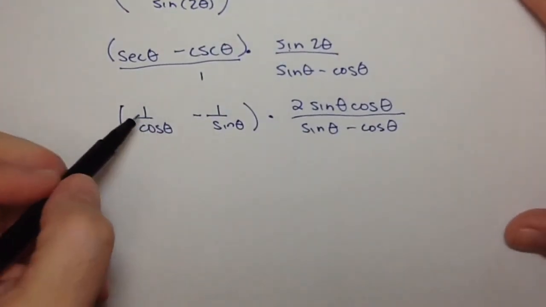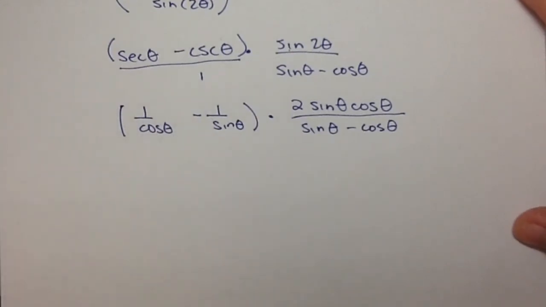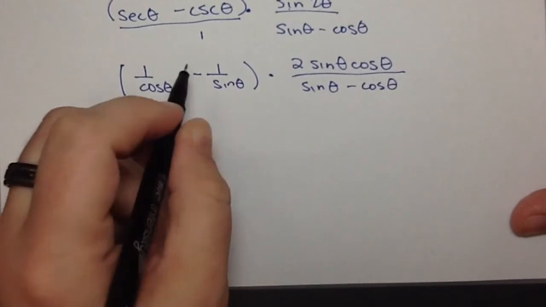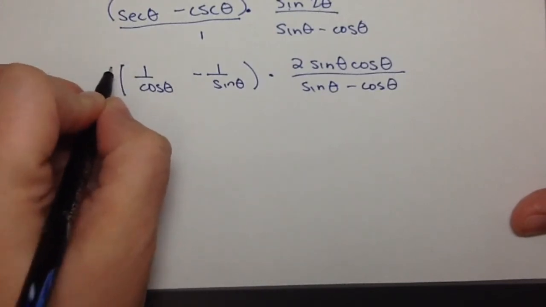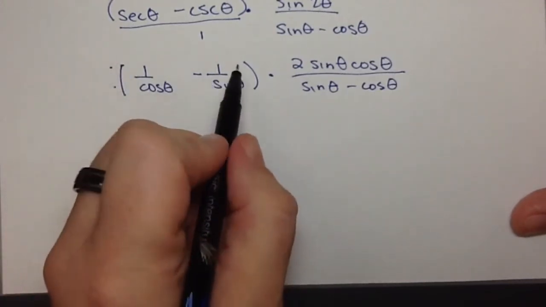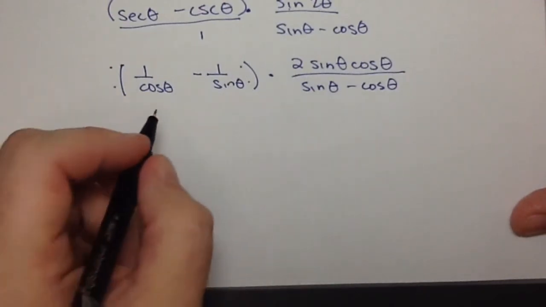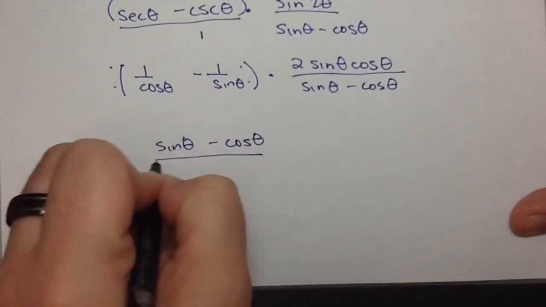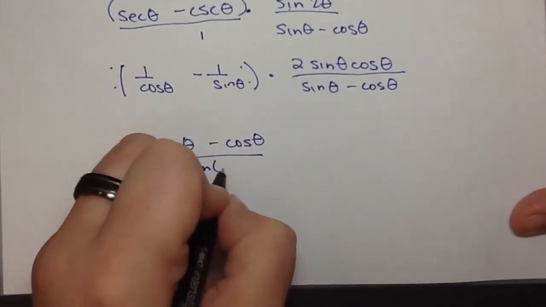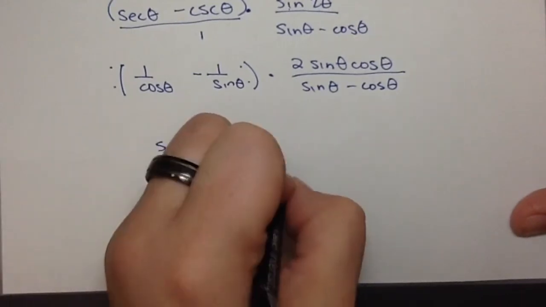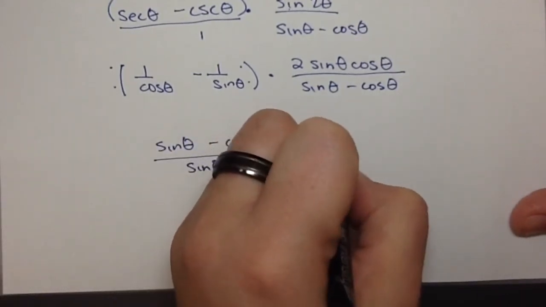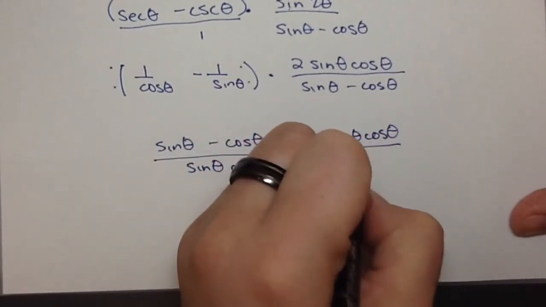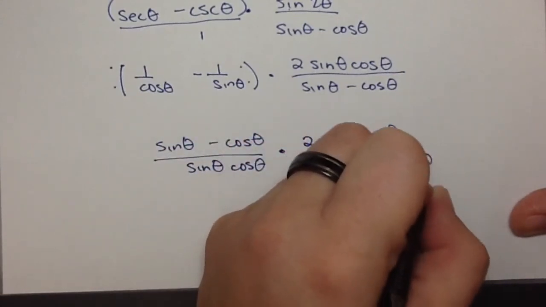The next step, here we have a difference of fractions. We have to have a common denominator. So we're going to multiply this by sine on top and bottom, and multiply the second term by cosine on top and bottom. So we've got sine theta minus cosine theta over sine theta cosine theta times twice sine theta cosine theta over sine theta minus cosine theta.